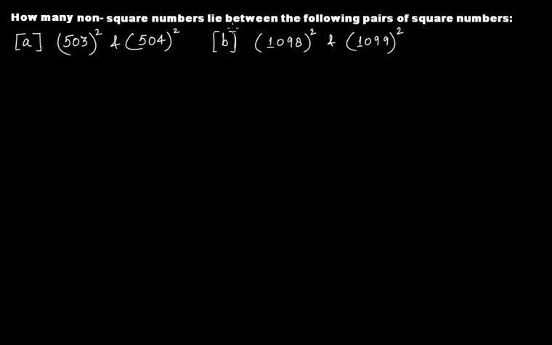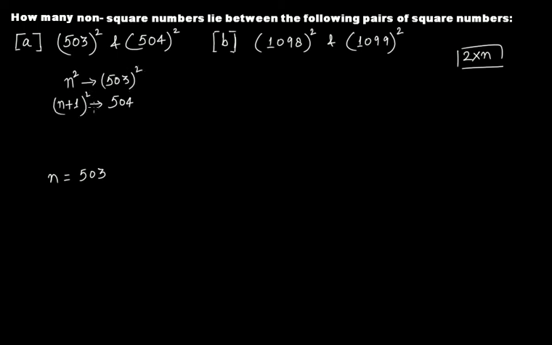It's the same. The formula is 2 times n only, because here n is 503 and n plus 1 is 504, right? The square of n is 503 squared and the square of n plus 1 is 504 squared.